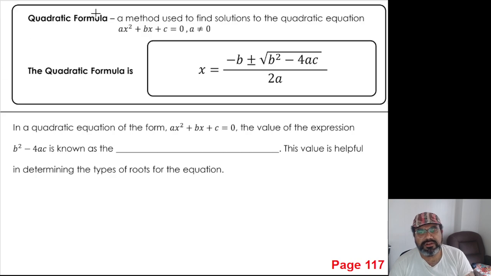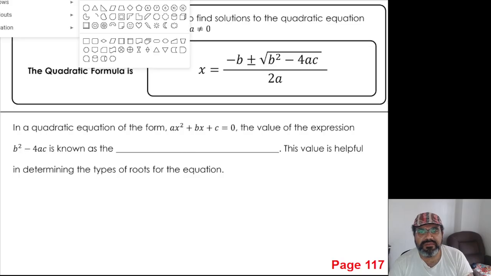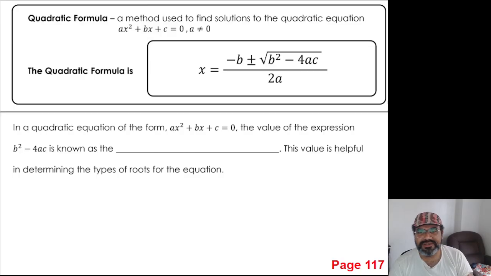The quadratic formula is a method used to find solutions to the quadratic equation ax squared plus bx plus c equals 0 when a is not 0. The quadratic formula is one of the most iconic formulas we have in mathematics. You're going to see this formula so many times, in so many opportunities. If it's possible, make a highlight of this formula.